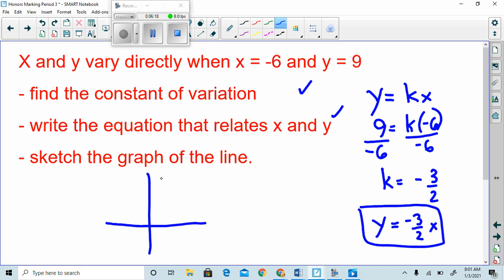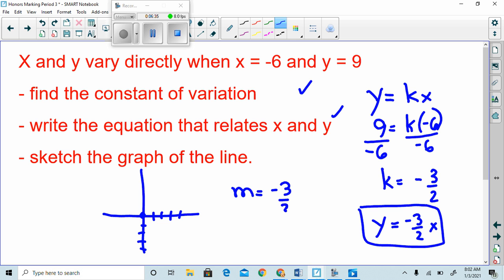So as I'm doing this, I'm going to always remember that my graph will start at the origin. And I will now see that my slope is negative. So from this point down, I'll count down 1, 2, 3, and over 2. We only need 2 points to graph, and there is the graph of our line.